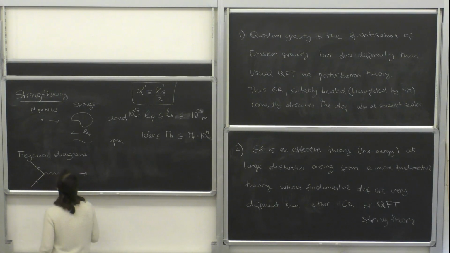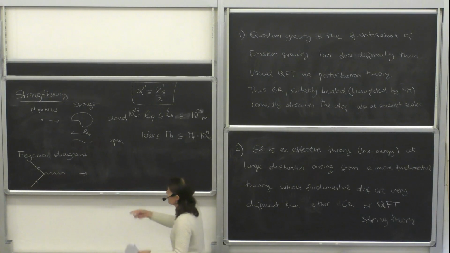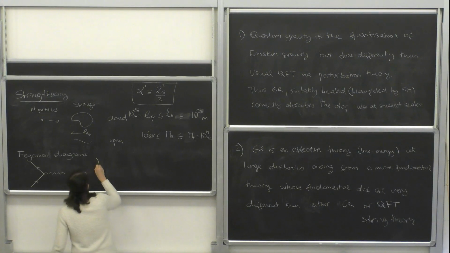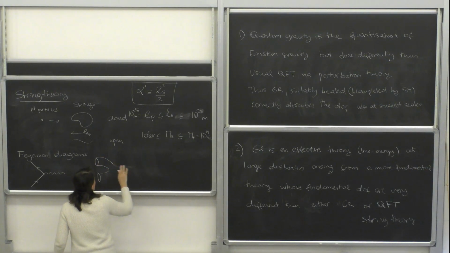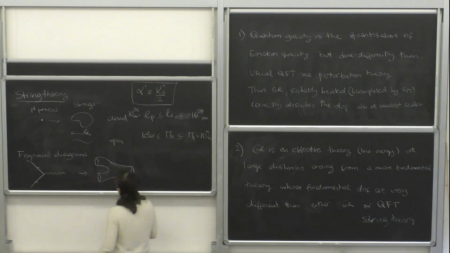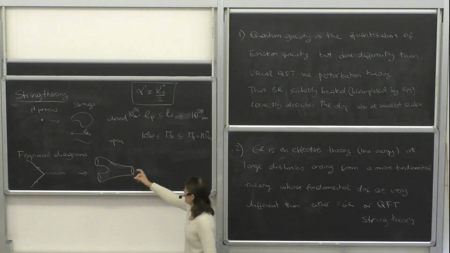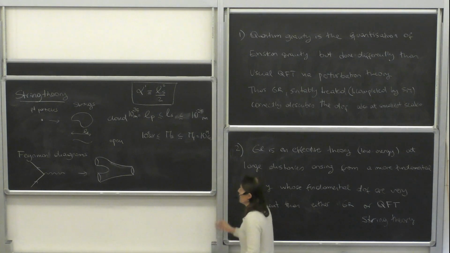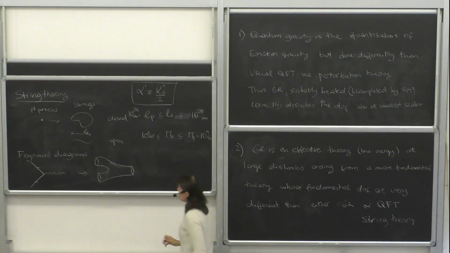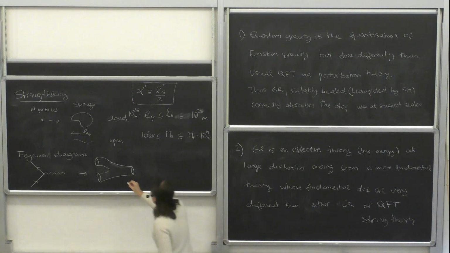Now, depending on whether these are open or closed, suppose that these particles correspond to closed strings, then this is replaced by this diagram here. So two strings going into another string. This diagram, if you look at it like this, is like a pair of pants. So this is called the pants diagram.